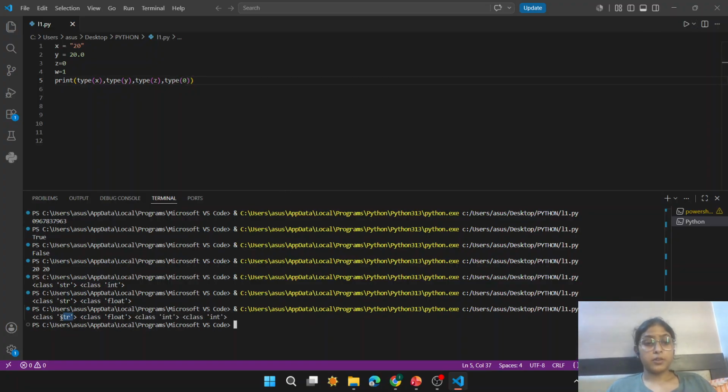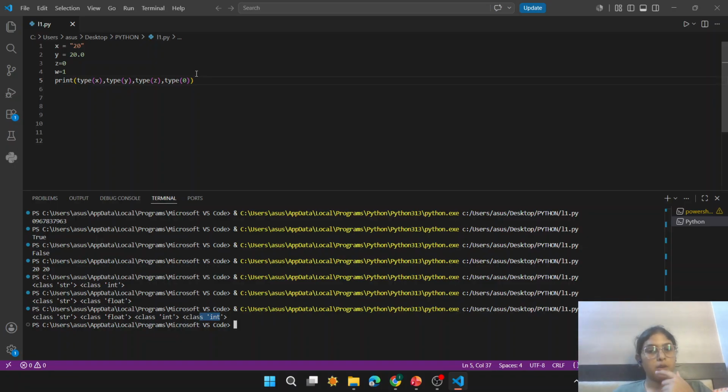Okay, so it is telling you that the first one, x, is a string, y is a float, and z is again an integer, and w is also an integer. Okay, so this is how we can check the type.